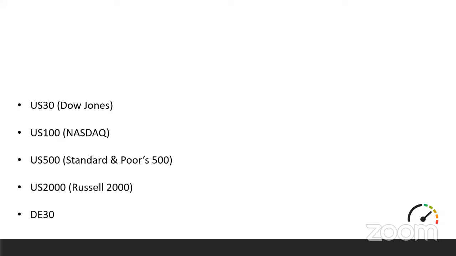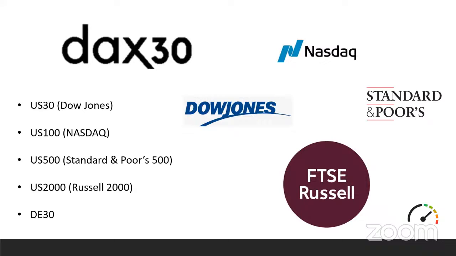So I have 30, I have 100 following it. I also have US 500, US 2000, and D30. These are just some of the major ones; it's not everything. There is EU 50, RUS 50, FR 40. But the similarity is that you have numbers attached to them.